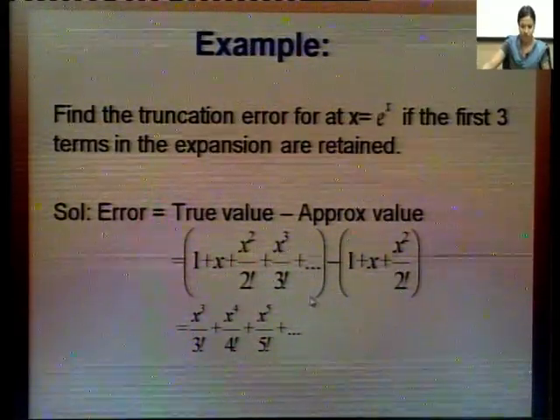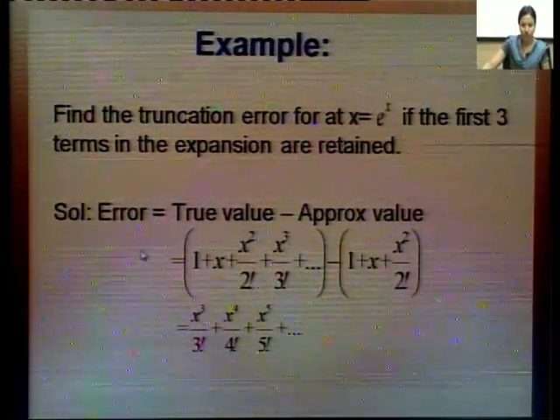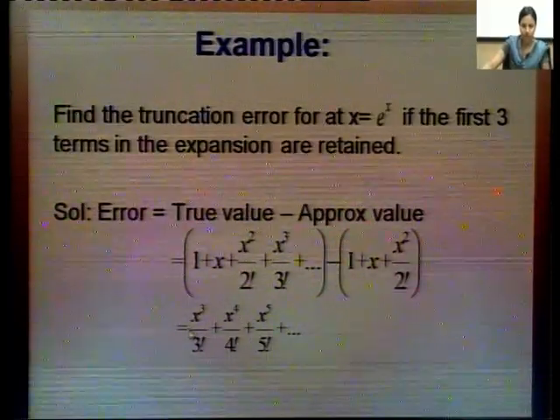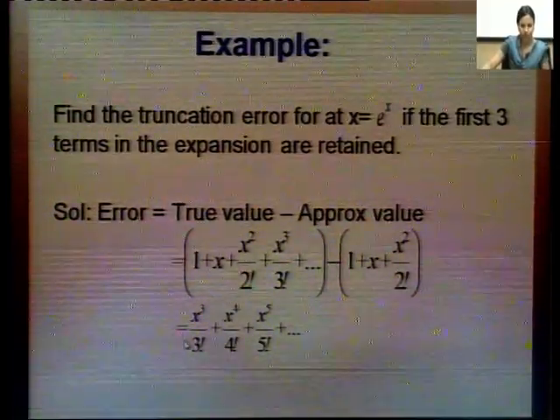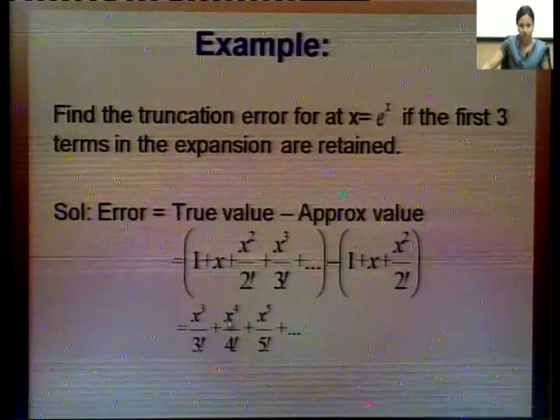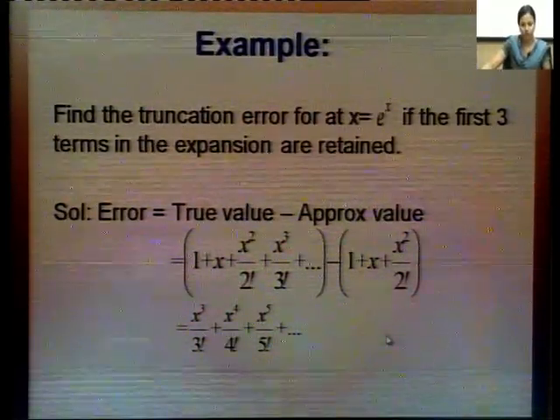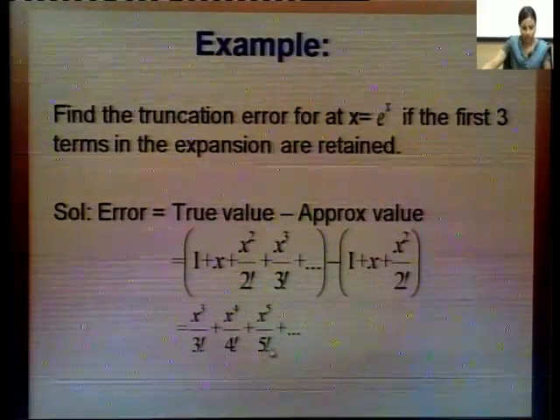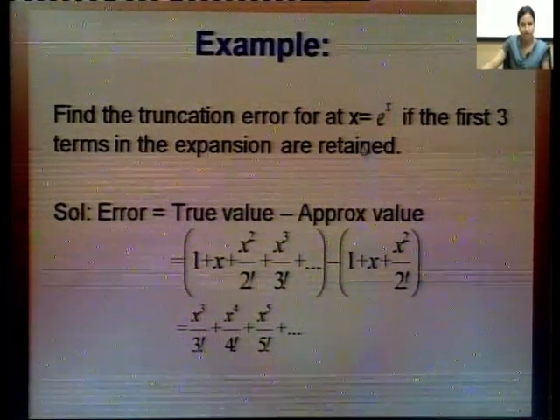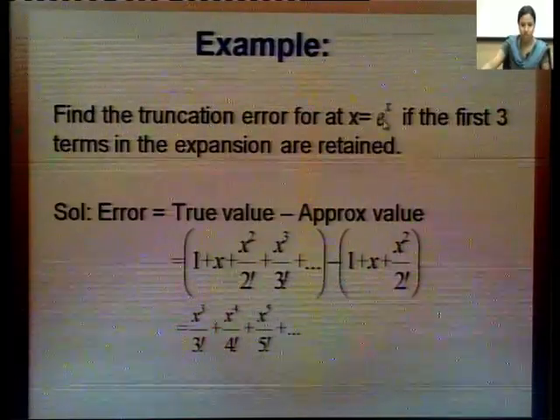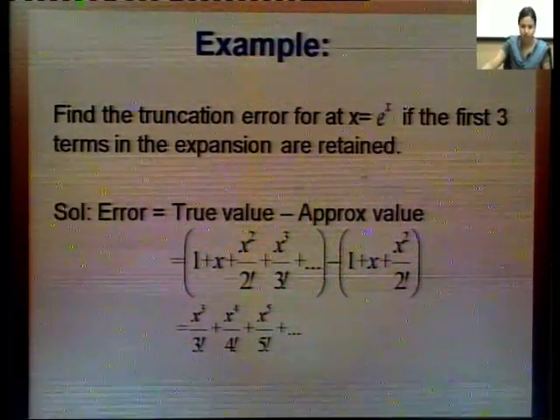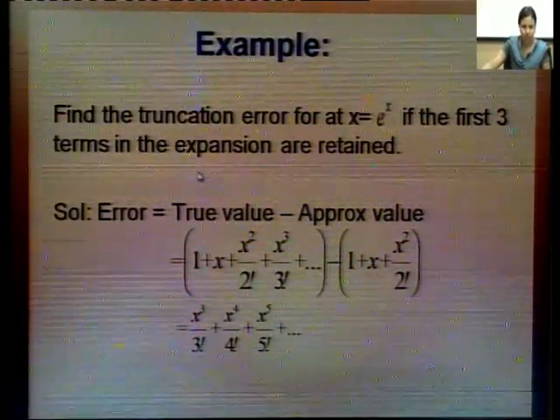If we subtract these, the error, that is the truncation error, is equal to x cube by 3 factorial, x4 by 4 factorial, x5 by 5 factorial and so on. So this is the truncation error in the expansion of e raised to power x if we want to take only three terms in the measurement.